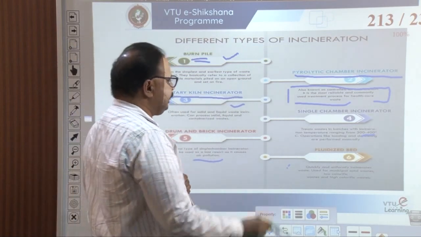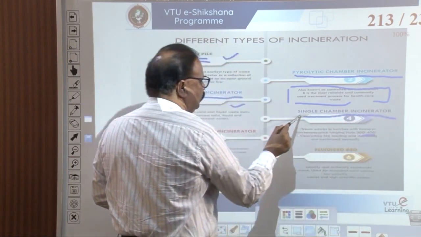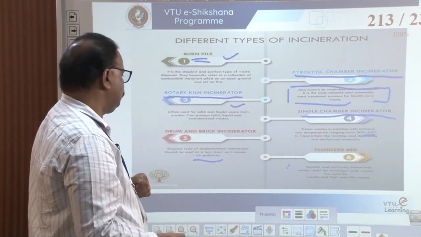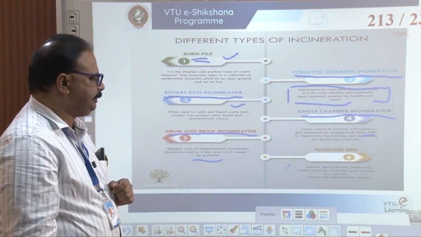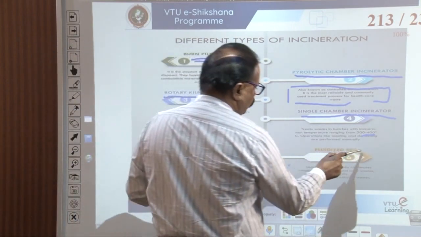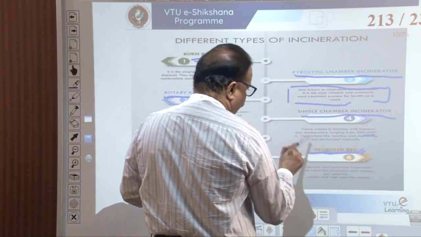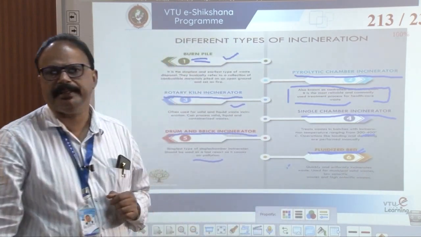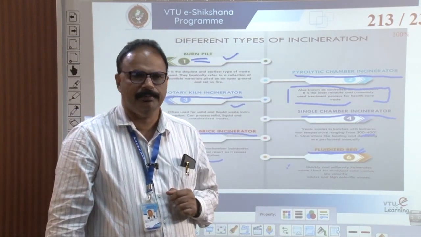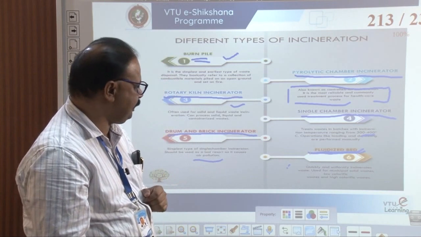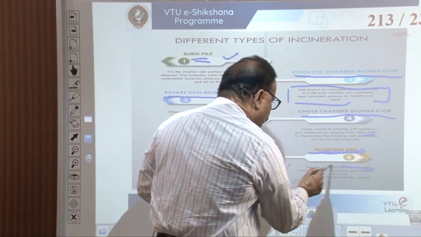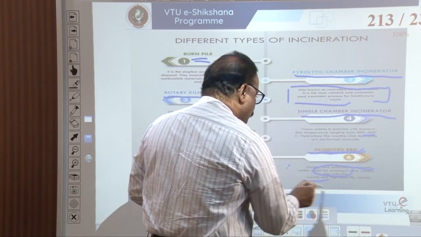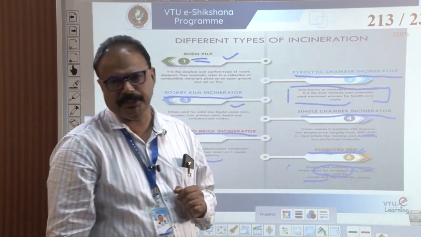Fourth one is the single chamber incinerator, which I already explained. Then the drum and brick incinerator. And the fluidized bed in solid waste management, where we are using the major fluidized bed incinerator, which quickly and uniformly incinerates waste in municipal solid waste management, for low calorie and high calorie waste.